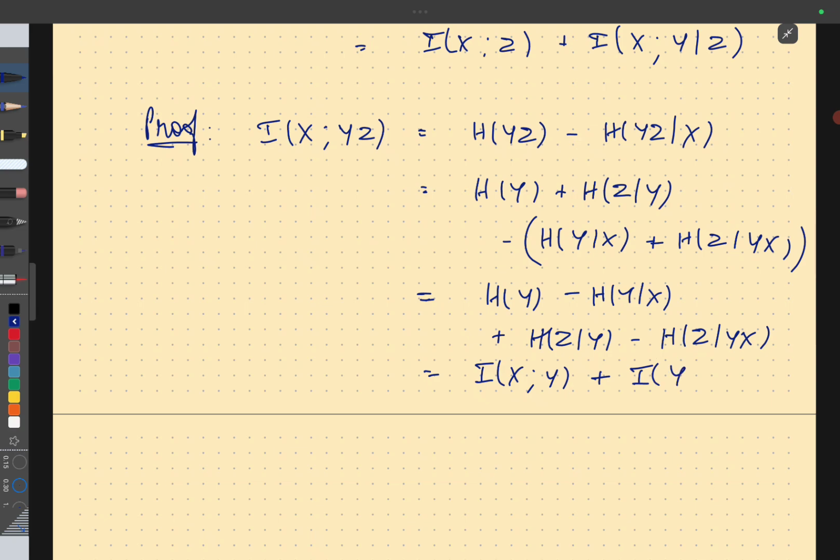It's the mutual information between X and Z given Y. Right? Or Z and X given Y. So just the chain rule of entropy can have a lot of very nice consequences. Any questions?